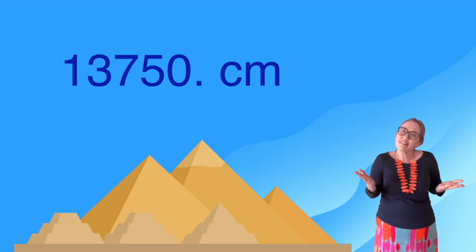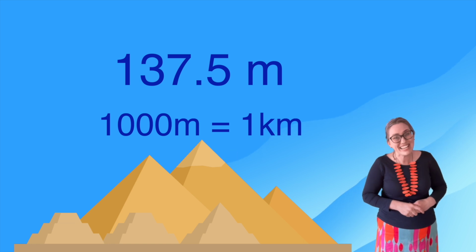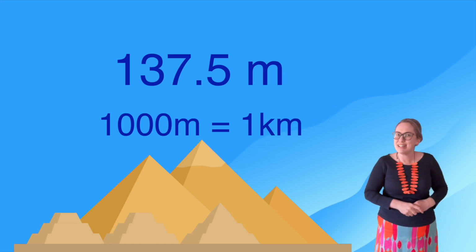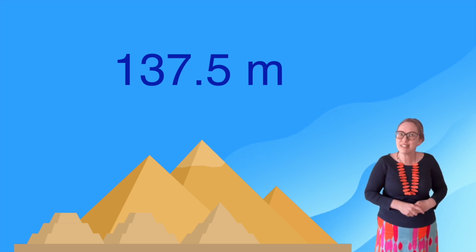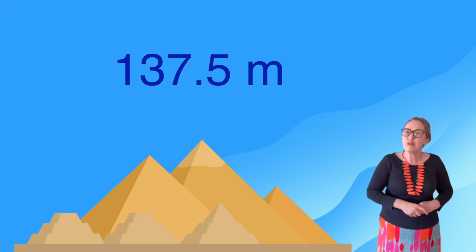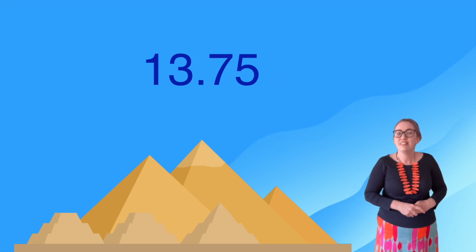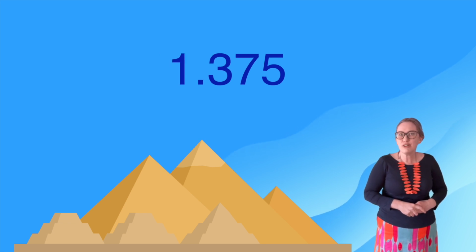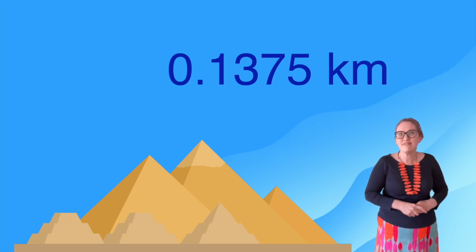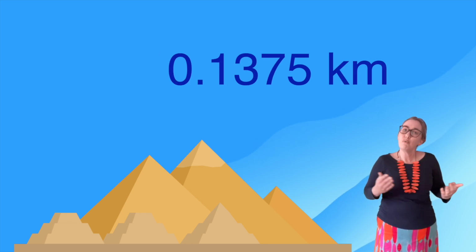And in kilometres, we know there are 1,000 metres in 1 kilometre, so starting back with 137.5 metres, we move our numbers 3 places to the right to show 0.1375 kilometres.